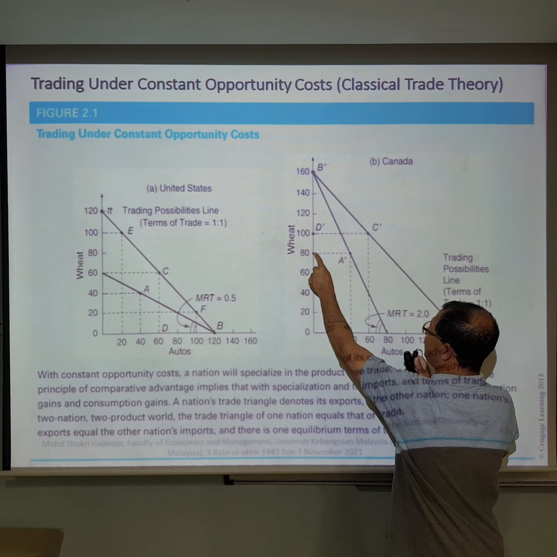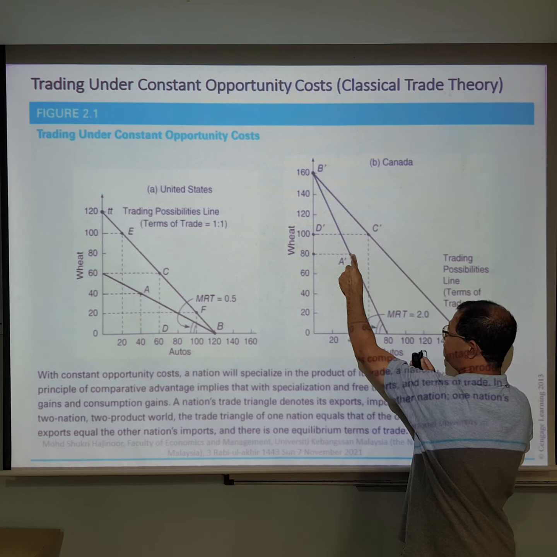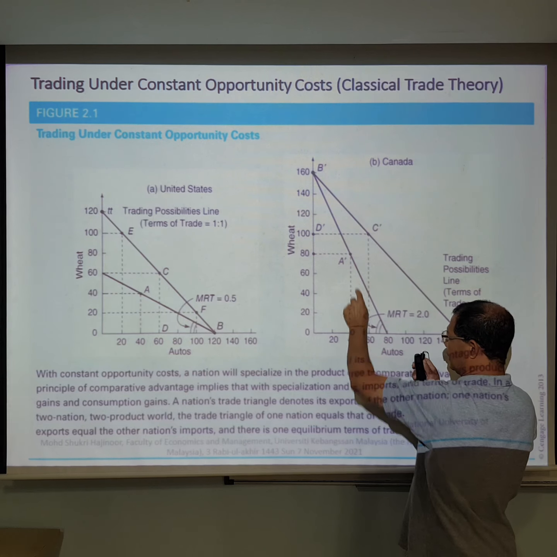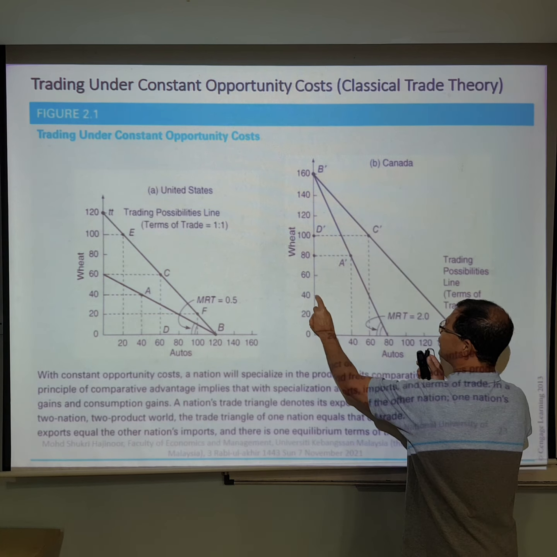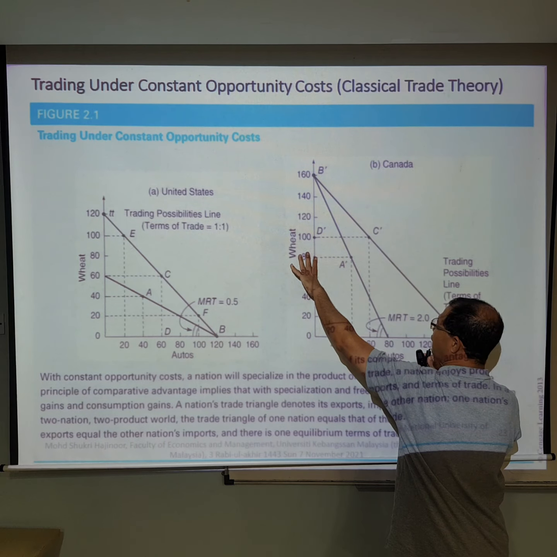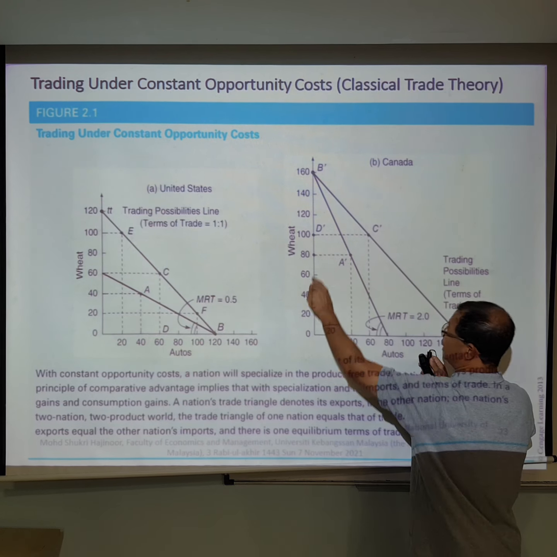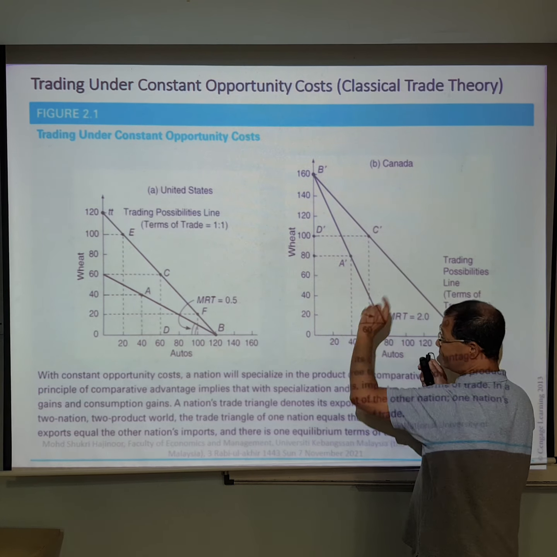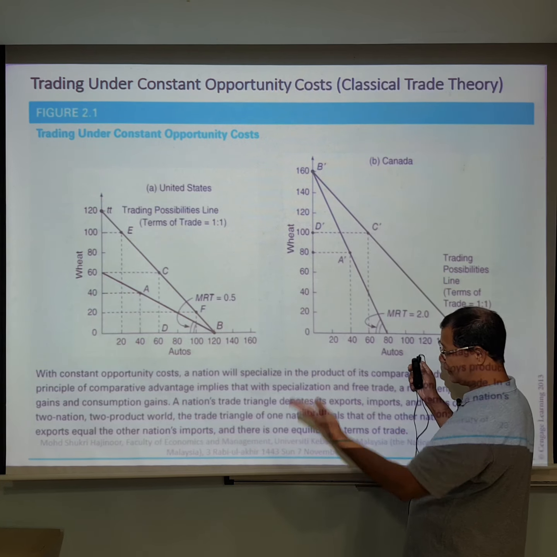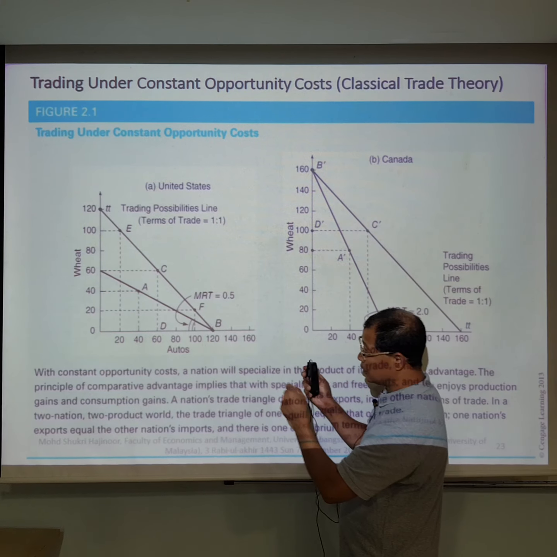Let's start with this combination. To increase more, this is the reduction that Canada must make in the production of the other product. That's the sacrifice, the rate of sacrifice, we call it MRT.